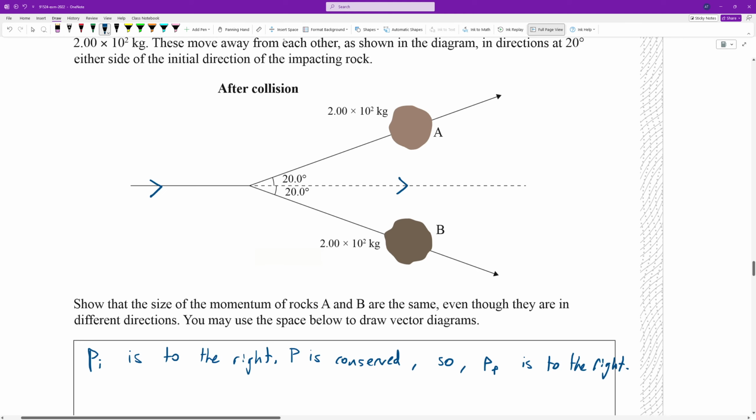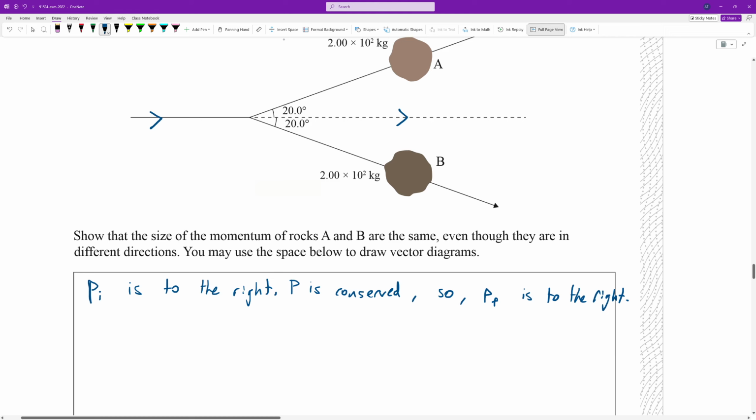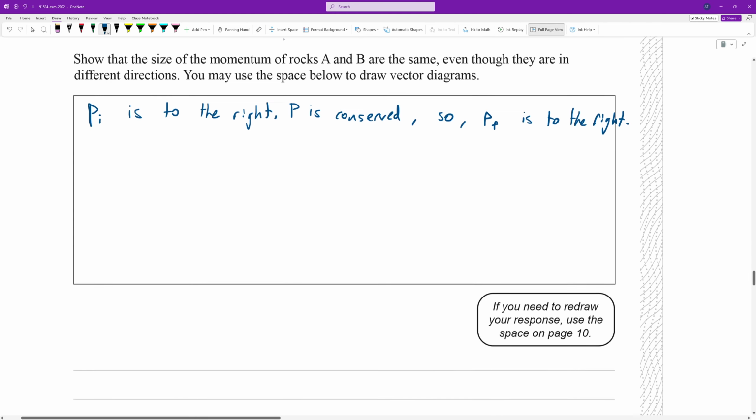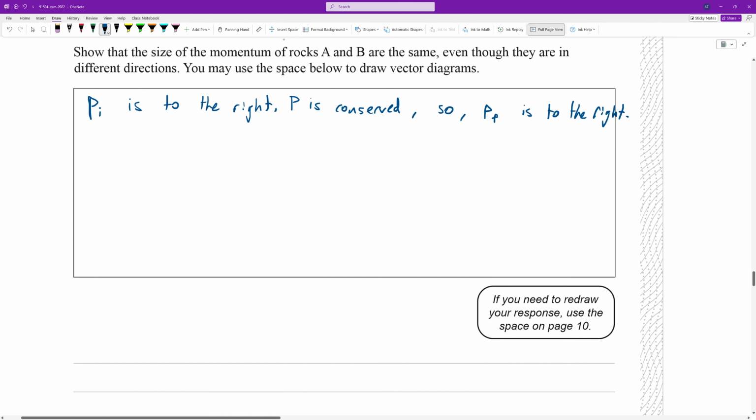Cool. Which means A and B, even though they've gone off at angles, their vertical components, right, the up and the down component, need to be equal and opposite so that they cancel each other out, and we're only left with a momentum to the right, a total momentum to the right. So let's put that in a sentence.